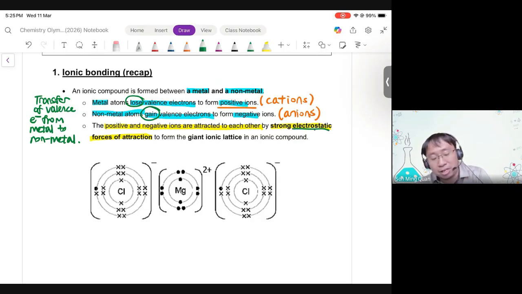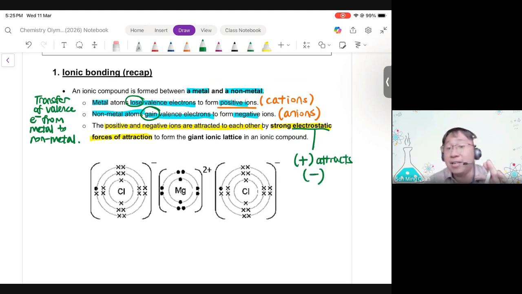What does electrostatic simply mean? Electrostatic means any positive charge attracting any negative charge. So like in the diagram below, the Mg2+ ion attracts the Cl- ion, and this attraction is called the strong electrostatic force of attraction between ions.